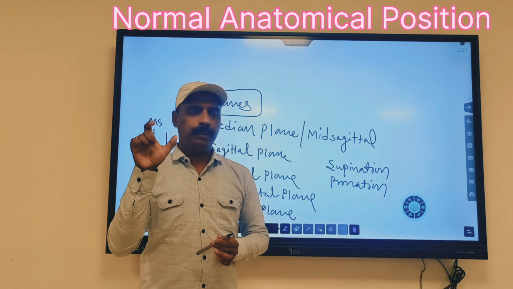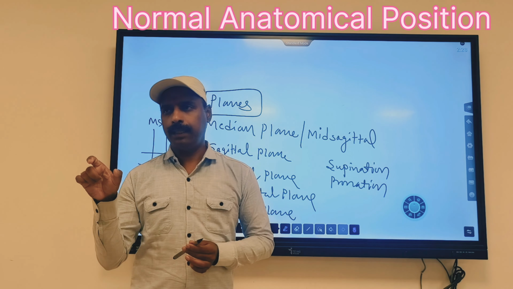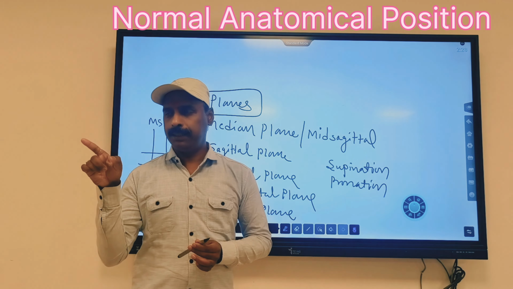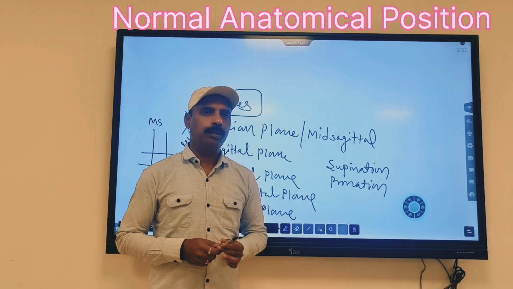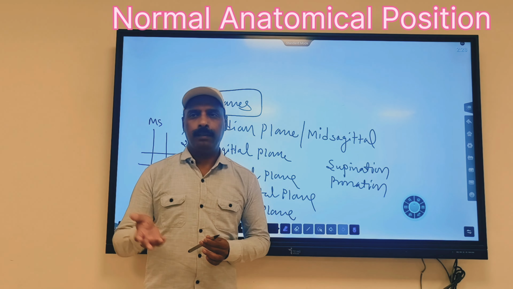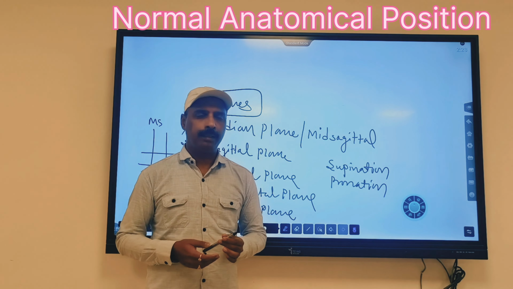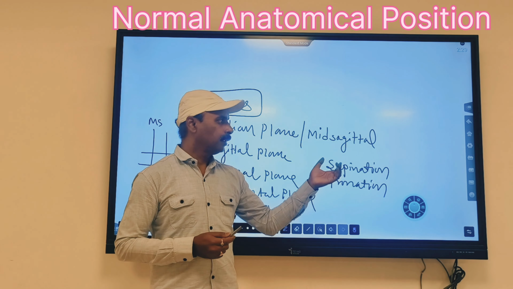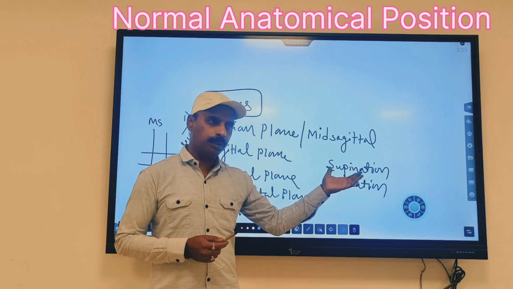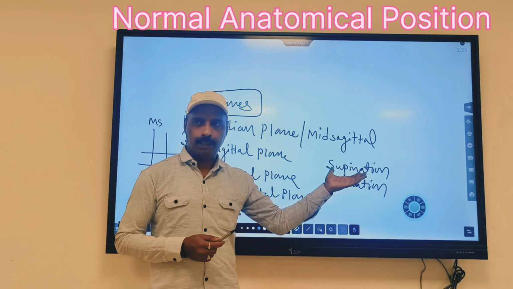If any disease word has itis, as in appendicitis, that gives you the idea that it is an inflammation, a disease condition. So this suffix we are also going to study in applied or clinical anatomy.